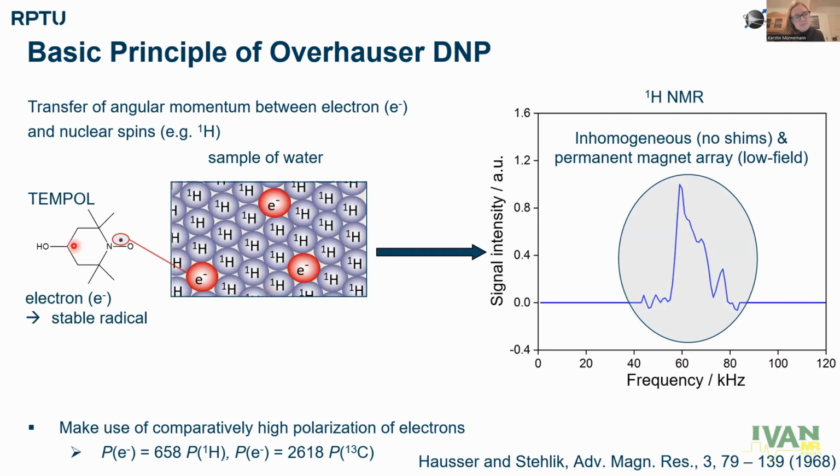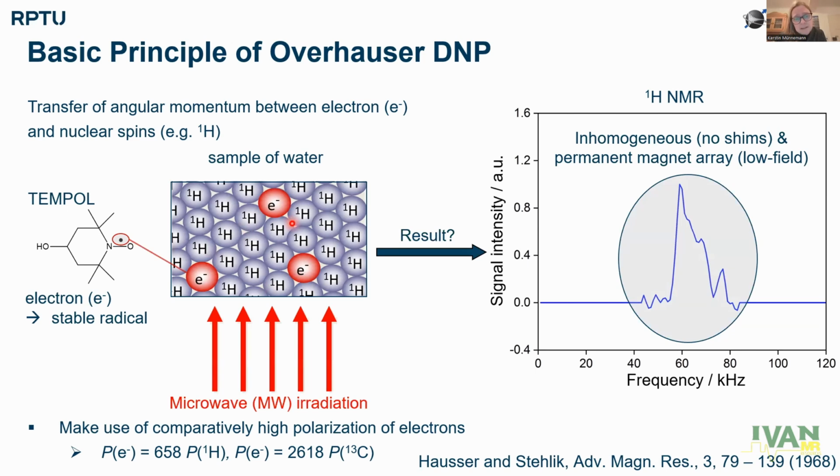For that, we just put organic stable radicals in our sample, and upon microwave irradiation at the Larmor frequency of the electron spins they transfer their polarization to the surrounding protons or carbons or whatever you like.